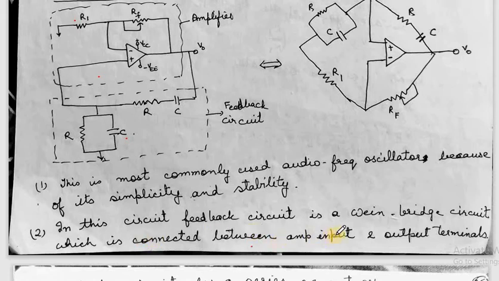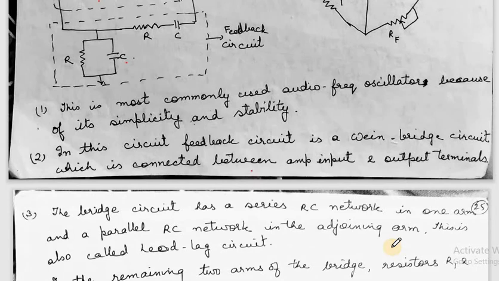In this circuit, the feedback circuit is a Wien bridge circuit which is connected between the amplifier input and output terminals, as I have shown in the figure. Because this circuit has been made in the form of a bridge, we say it is a bridge circuit. The bridge circuit has a series RC network in one arm and a parallel RC network in the adjoining arm.